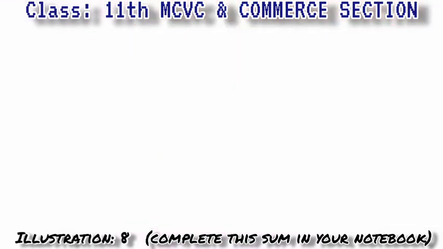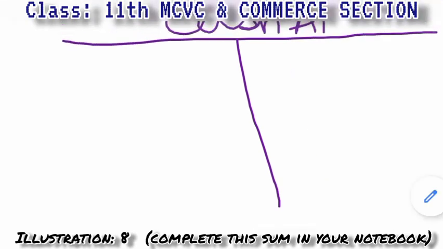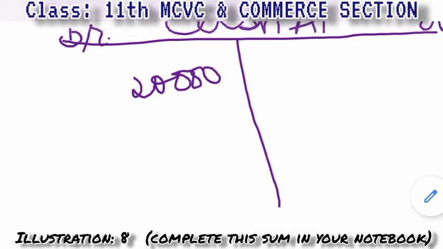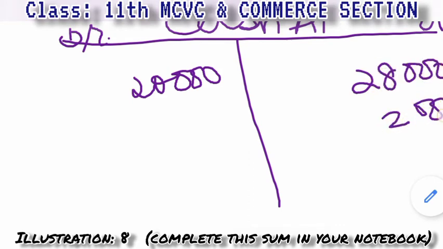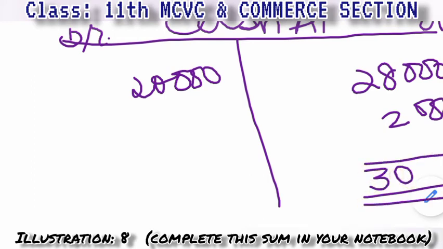On the other hand, vice versa, if I'm talking about again a cash account, this is a credit side and this is a debit side. If the balance on the debit side is 20,000 and on the credit side it is 28,000 plus 2,000, the higher amount would be 30,000, isn't it?